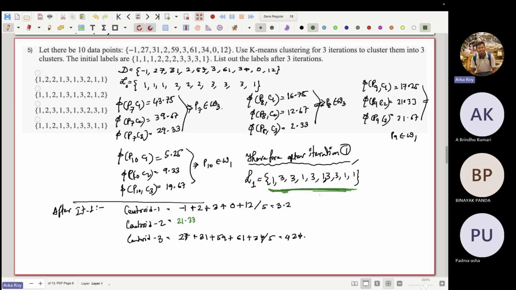So given this, now we can start iteration 2. In the previous case, I wrote the illustration in a bit more detail, but in iteration 2, I will not write all these phi operator values.